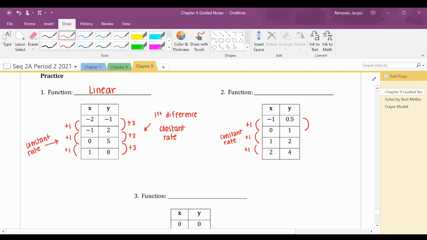How do I go from 0.5, which is a half, to 1? Well, if I tried to add it, I would have to add another half. But then notice to go from 1 to 2, adding a half doesn't make that happen. So adding the same number each time is not going to work. We have to come up with another strategy.